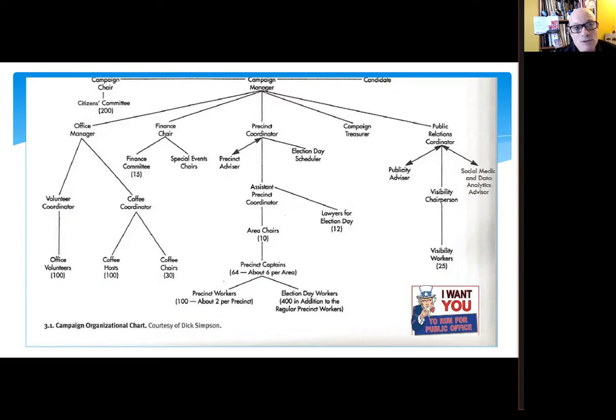I'll give him the materials, whether it's an email or a physical letter. I'll give him some talking points, and Luke will email or reach out to his friends and say, I really like this guy, Tom Tresser. He's running for alderman, and I'd like you to come over to my house and meet him and hear him and see why I think he's a good candidate for our community.